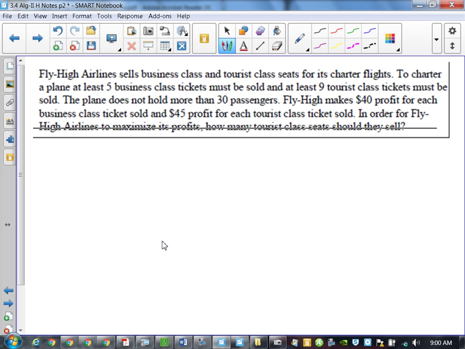The plane does not hold more than 30 passengers. They make a profit of $40 for each business class and $45 profit for each tourist class ticket sold. In order for Fly High to maximize profits, how many tourist seats should they sell?